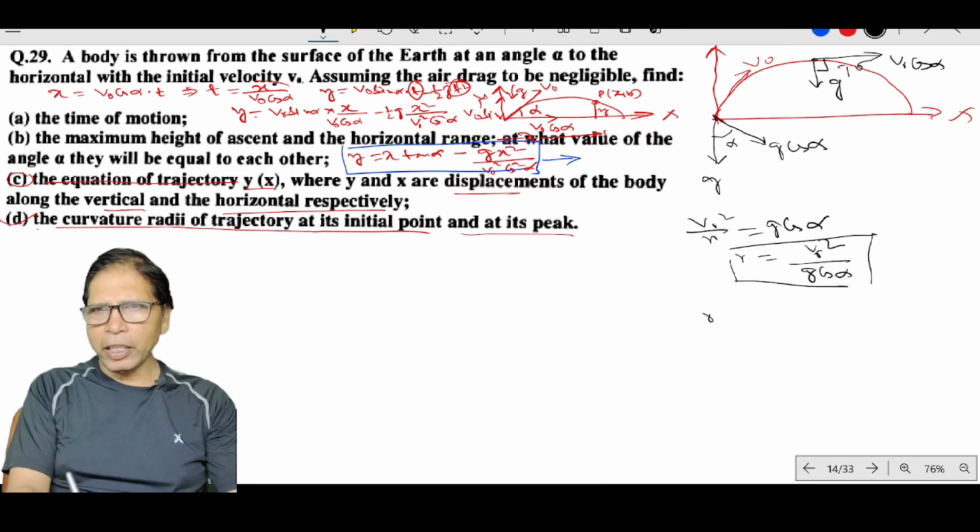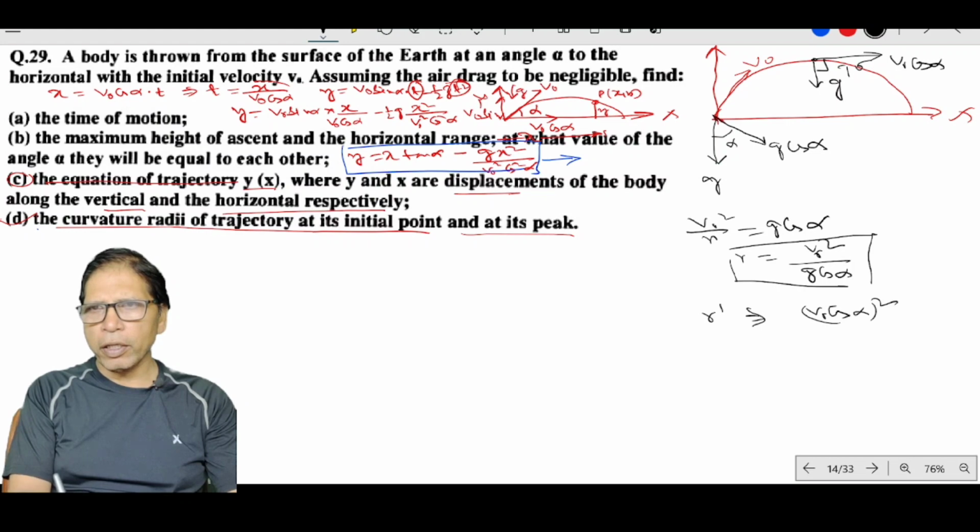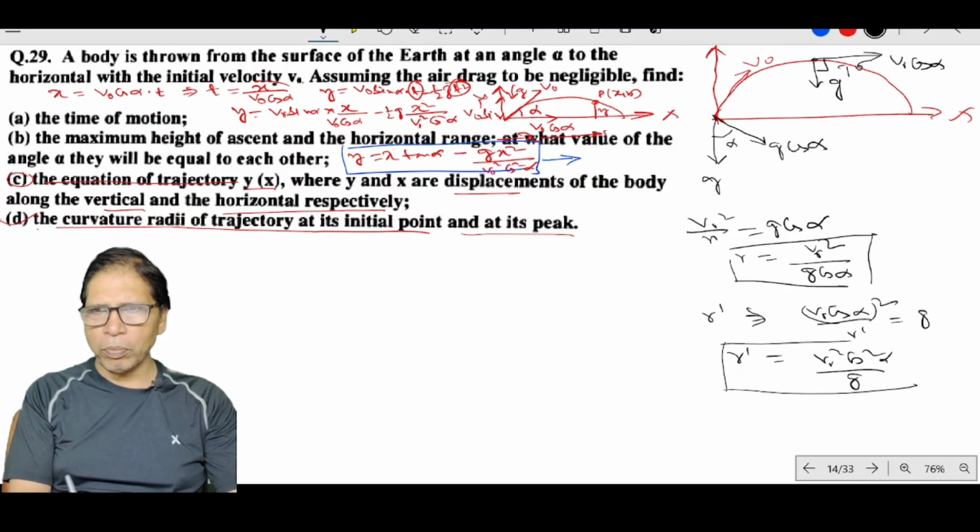If r dash is the radius of curvature, then V naught cos alpha whole square divided by r dash equals g. Therefore, r dash equals V naught square cos square alpha divided by g, which is the radius of curvature at the top point.